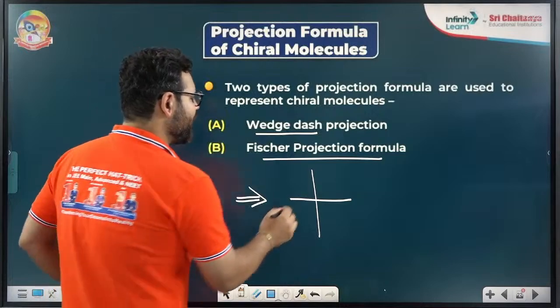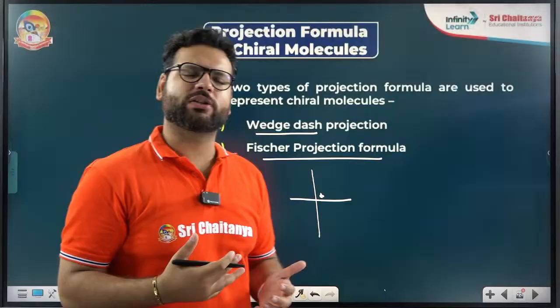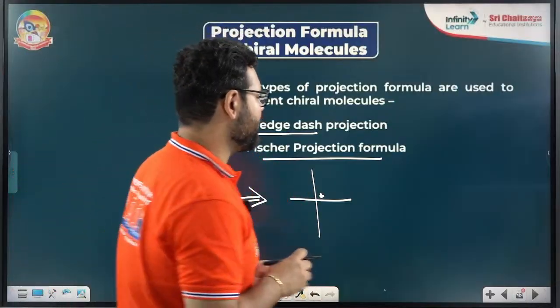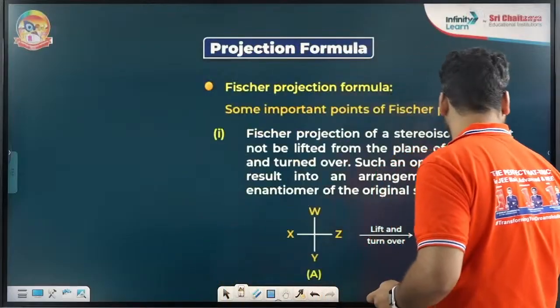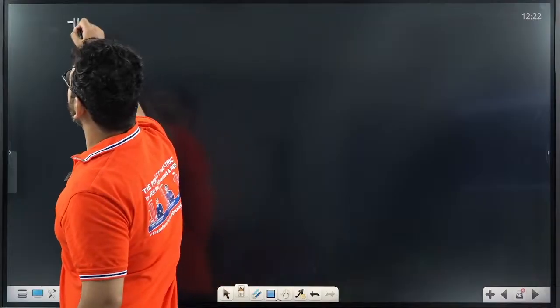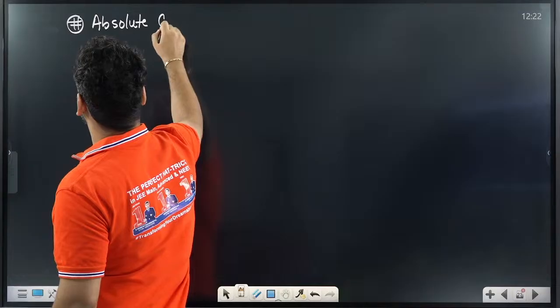Once we convert it to Fischer projection, we can check for the configuration, which is going to be R or S configuration. So let us talk about the main important part here. Write down, absolute configuration.